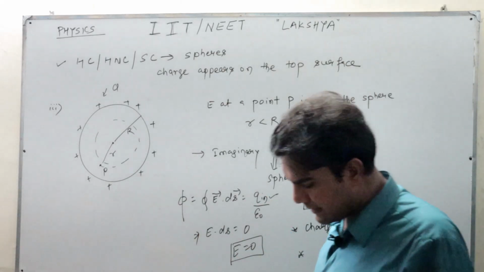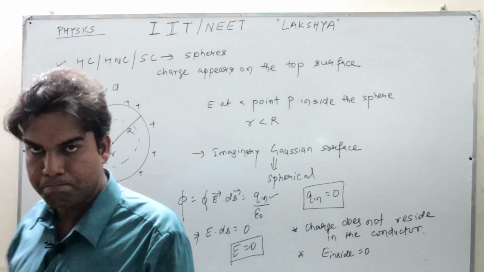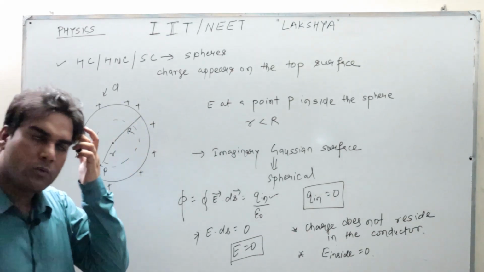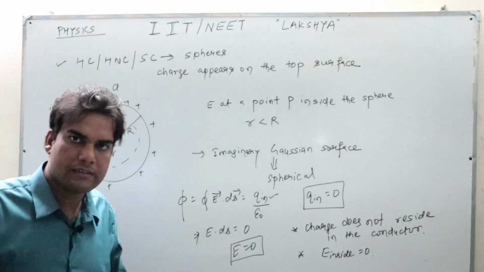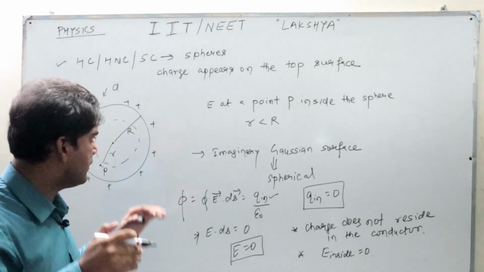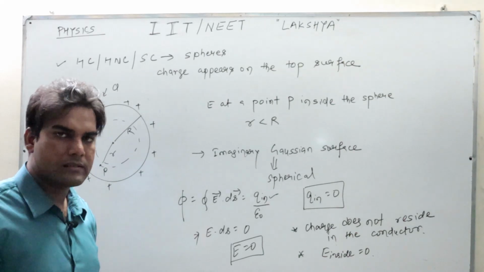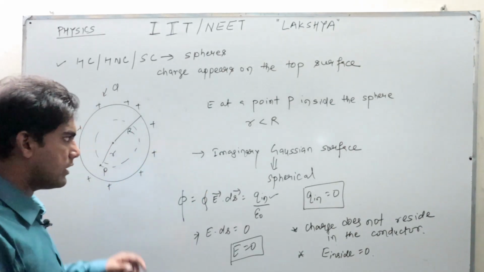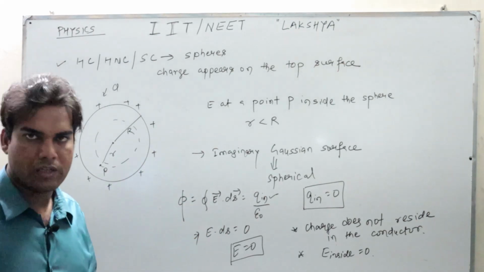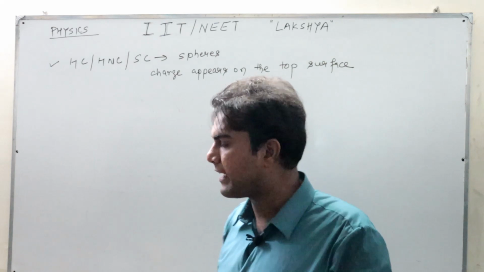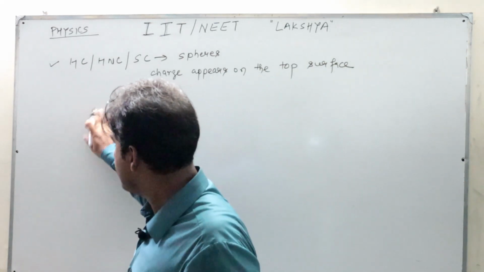So I think the case for the inside point is also clear. Let me make a small summary of this, and I'll draw the graphs for outside point, inside point, and on the surface, and you can draw the entire conclusion from there. I think all three cases are clear to you.